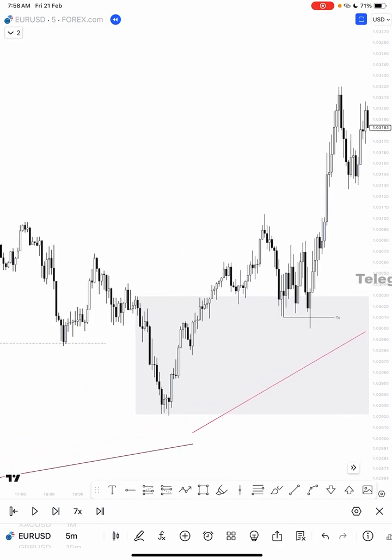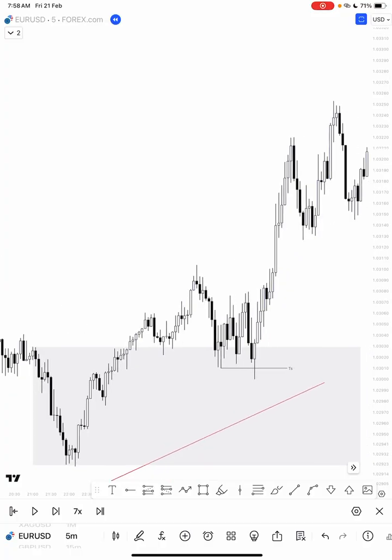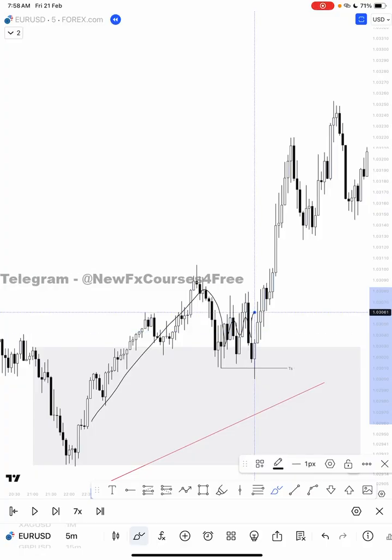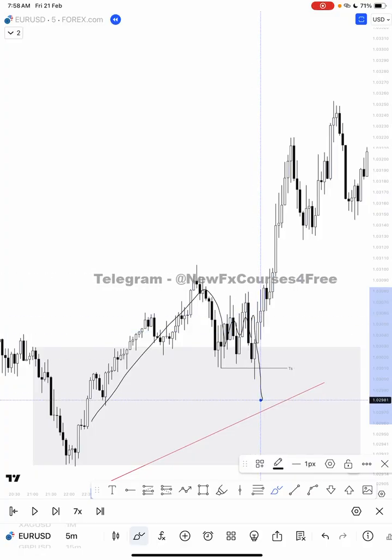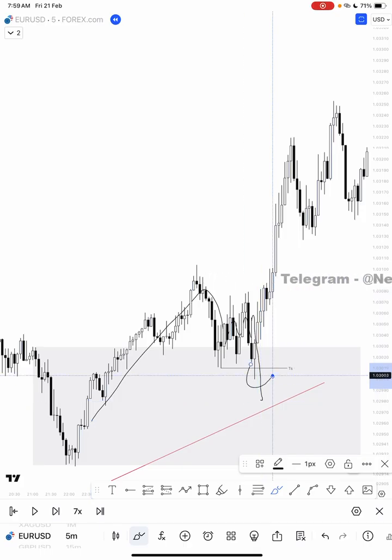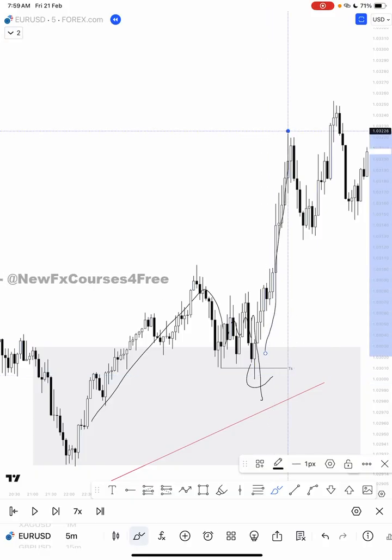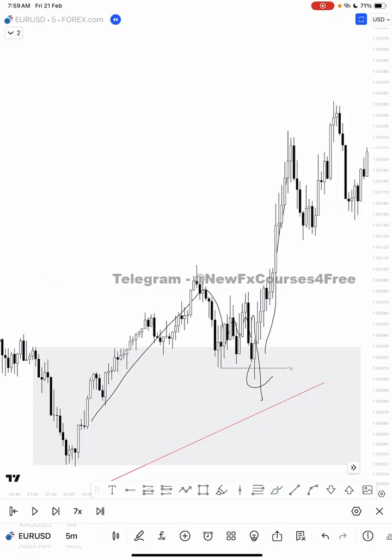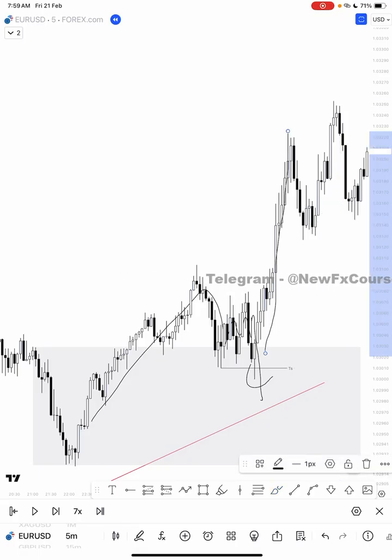So here, expansion, range, retracement, or you can call it manipulation. This move downward, sweeping these lows here, was a manipulation. Then second, expansion, retracement, then expansion. That's your market profile.